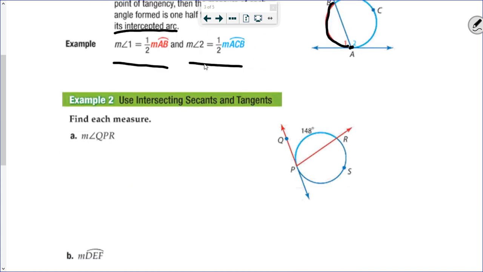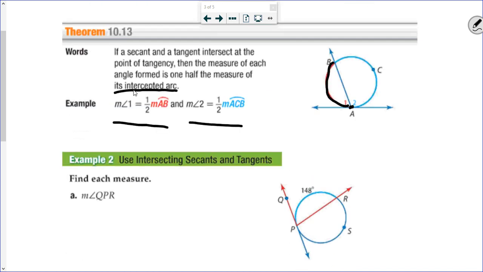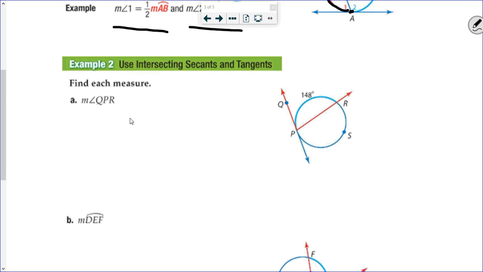So here in example 2, we'll be using theorem 10.13. Find each measure. Here we're looking for the measure of angle QPR. The measure of angle QPR is equal to 1/2 the measure of the intercepted arc. The intercepted arc here for QPR is arc PR.